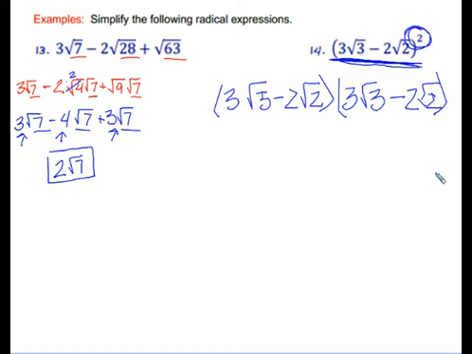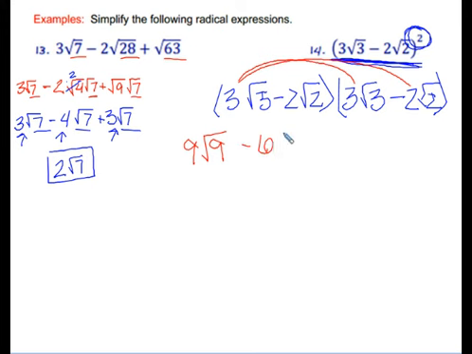Now we might have to go through this distribution process. So I'm going to take my first swoosh. Coefficient times coefficient gives me 9. Radical 3 times radical 3 gives me radical 9. Now I can do my second swoosh. Coefficient, coefficient gives me negative 6.